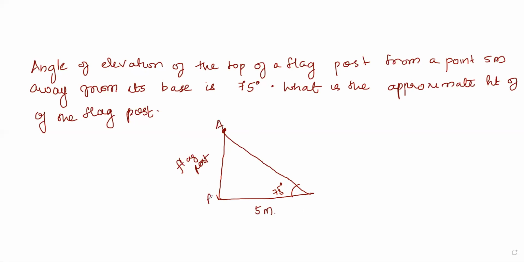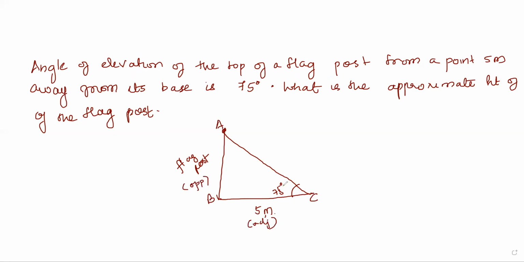So this is A, B, C. From C, angle of elevation is 75 degree. You have to find the approximate height of the flag post. Please try. So how can you do? So this is adjacent, flag post is opposite, isn't it? This is opposite side. This is adjacent.